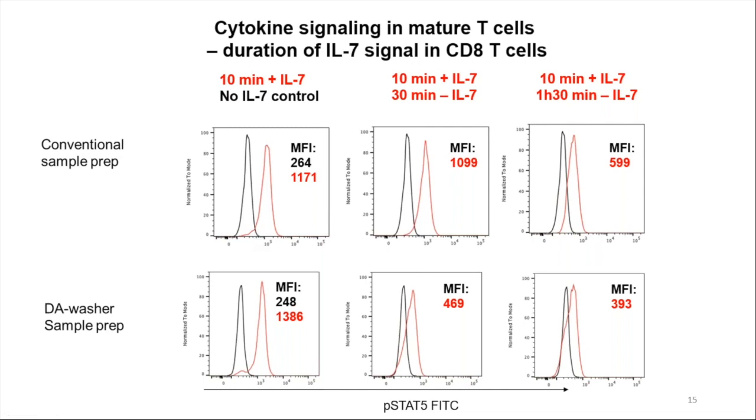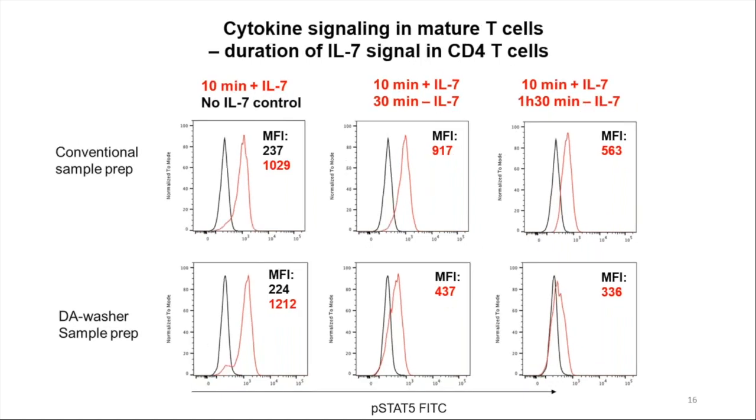It may be less obvious, which may be related to the fact that our total MFI is higher on the DA sample prep. So I think this kind of shoulder is either coming from incomplete permeabilization, or it could be coming from cells that express very low levels of IL-7 receptor. And in this experiment, we are not gating on subpopulations within either CD8 or CD4.